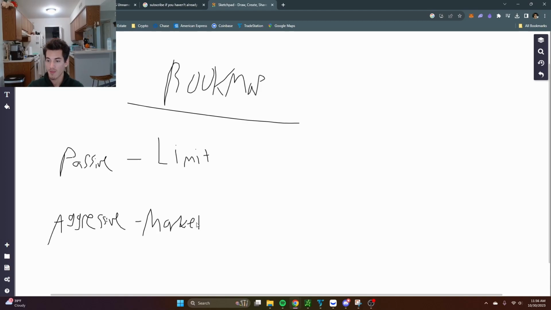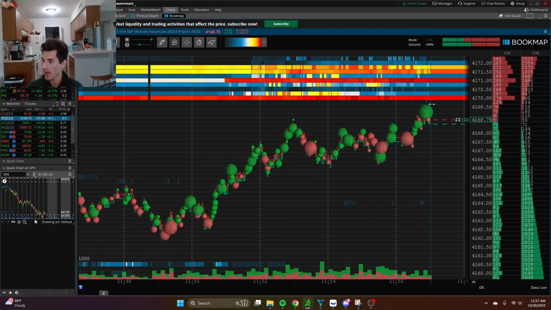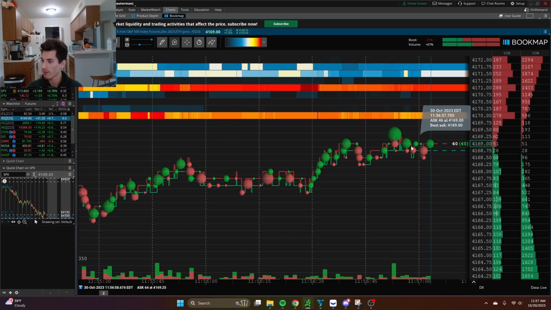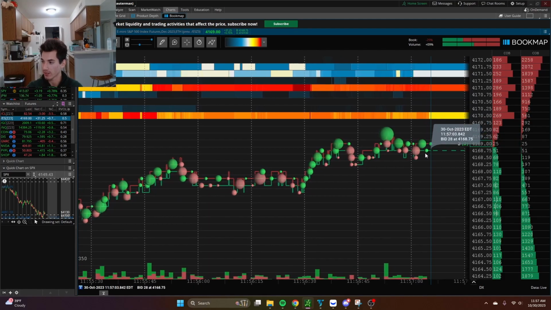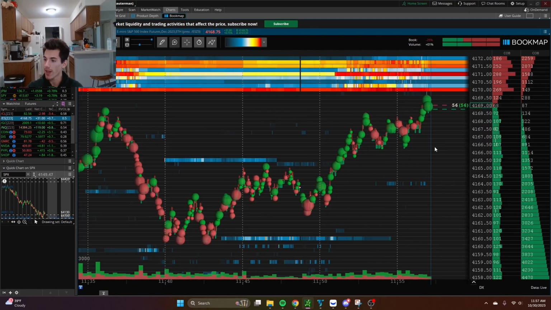I would also include hit and take, so taking the ask, buying, and hitting the bid, selling, as aggressive, because that is an aggressive order. But when you see these blobs on Bookmap right here, that is market orders and transactions that are happening at each bid and ask. So that is what that is.